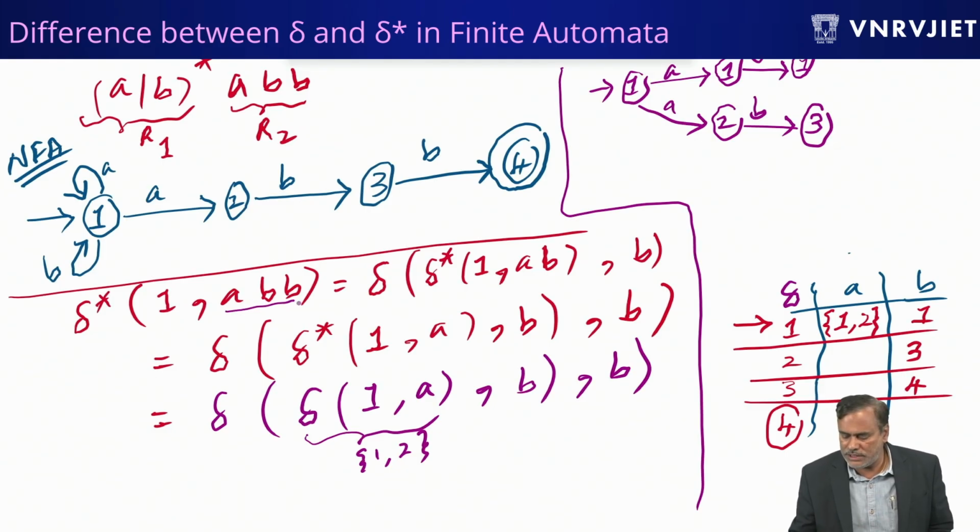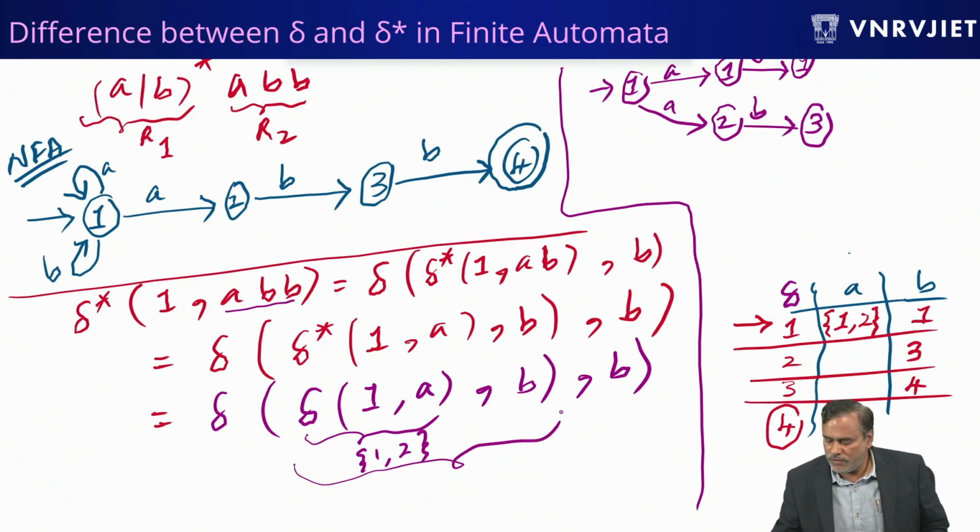You have to take into consideration the next input symbol: 1 on b and 2 on b. 1 on b is 1 itself, and 2 on b is 3. So after reading ab, you are in the states 1, 3.